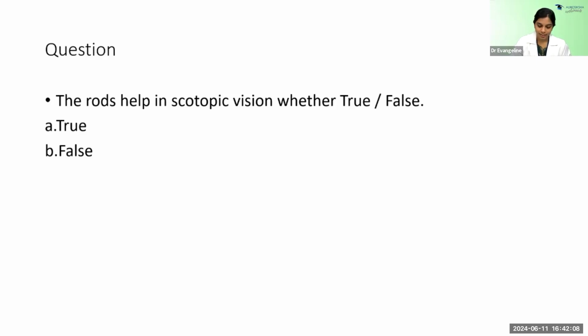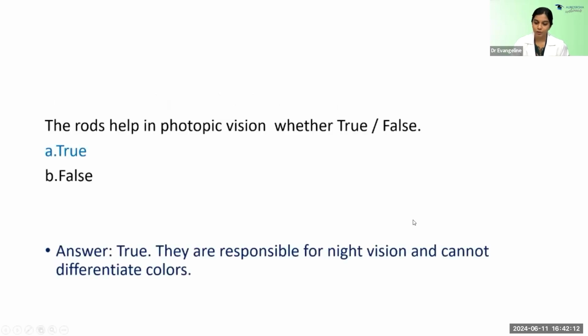Yes, correct answer. True. They're responsible for night vision, but rods cannot differentiate colors. Colors are a function of cones.